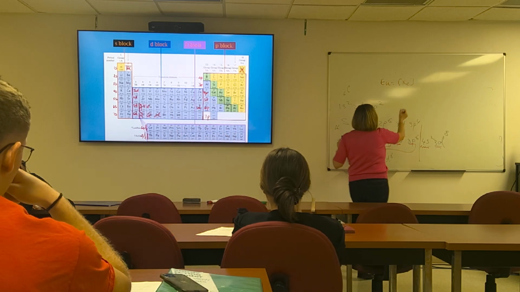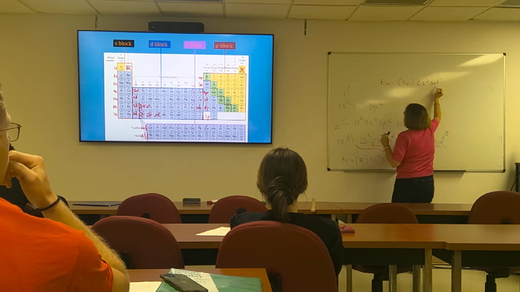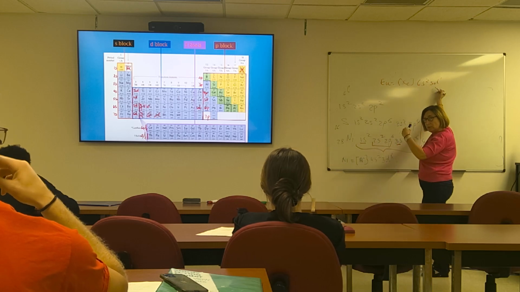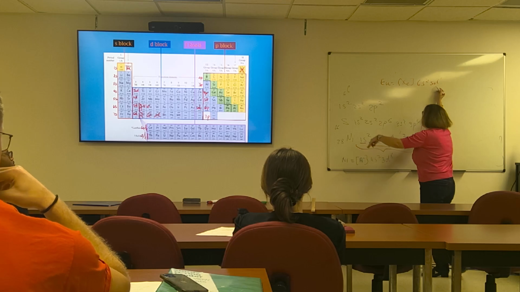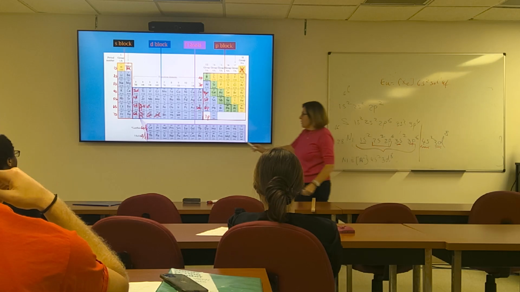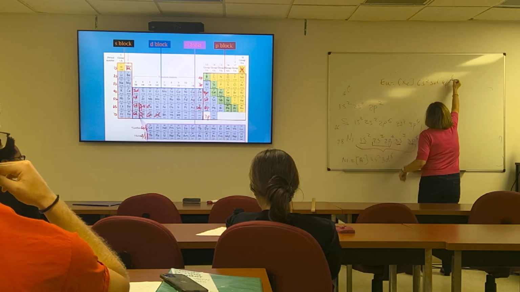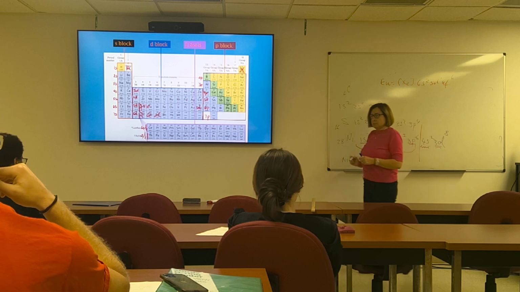So 6s2, 5d1, that would be your lanthanum right here, but you have to go through it. And then you get in the hole, which is your 4f, and europium is number 6, right? In the hole. Go with this?